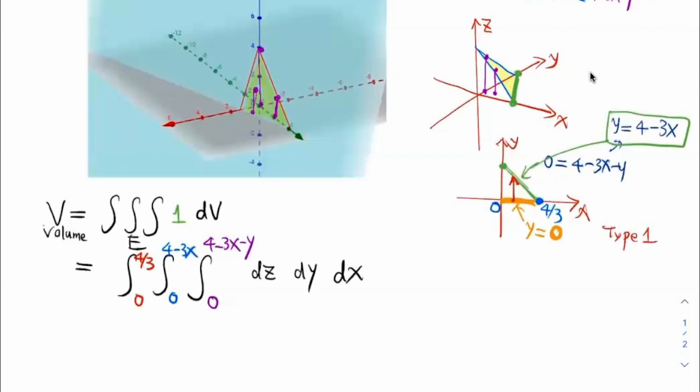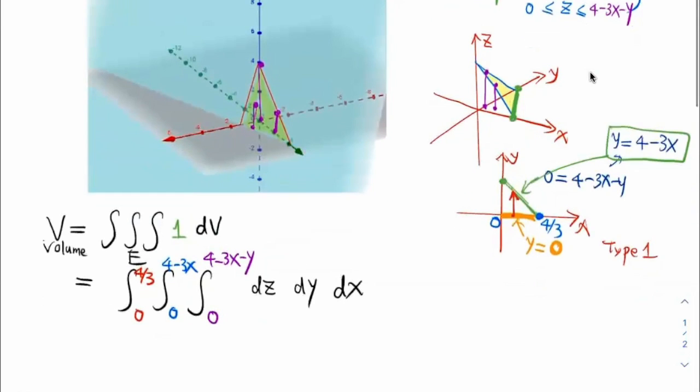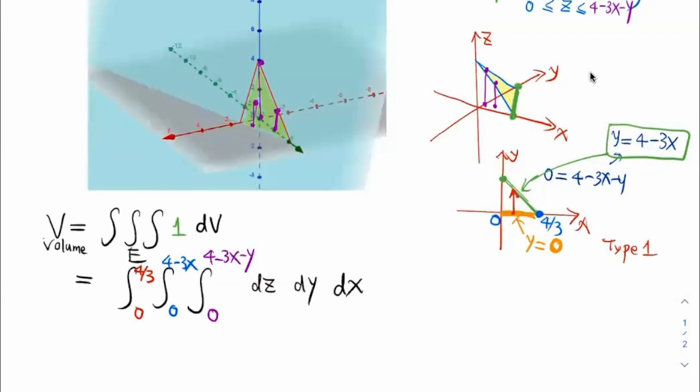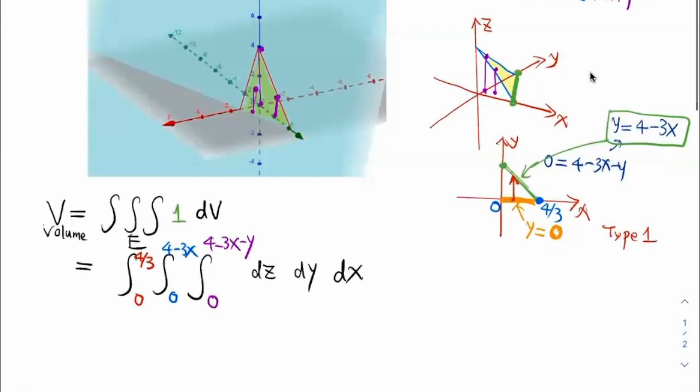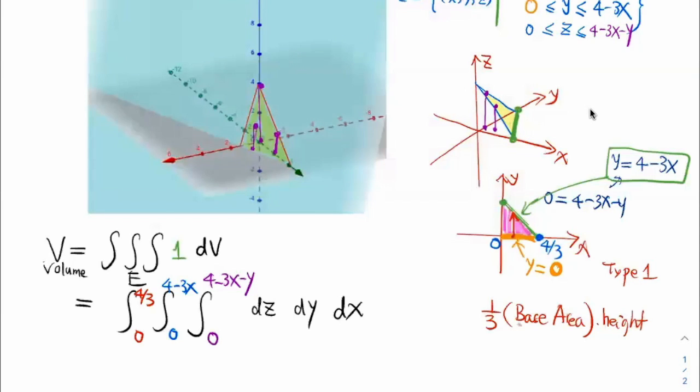This one, I think there might be a formula for a tetrahedron. It's 1/3 the base area times the height. The base is this one, so it's the base area right there, times the height. So 1/3, and the base area is 1/2 base times height.